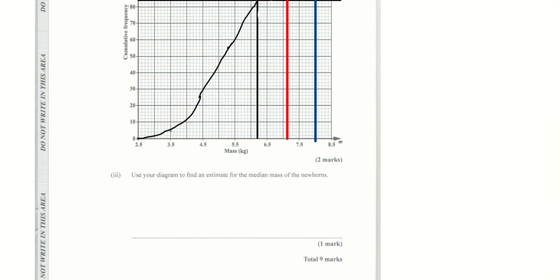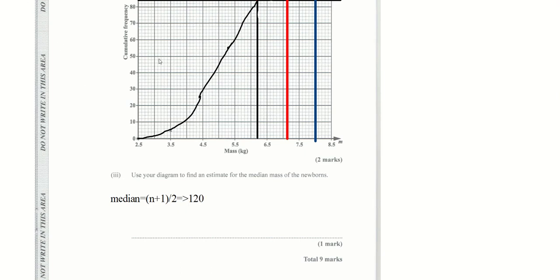Then they said use your diagram to find an estimate of the median mass of newborns. Median is middle, and the formula for the median is n plus 1 over 2, where n is your number of items.